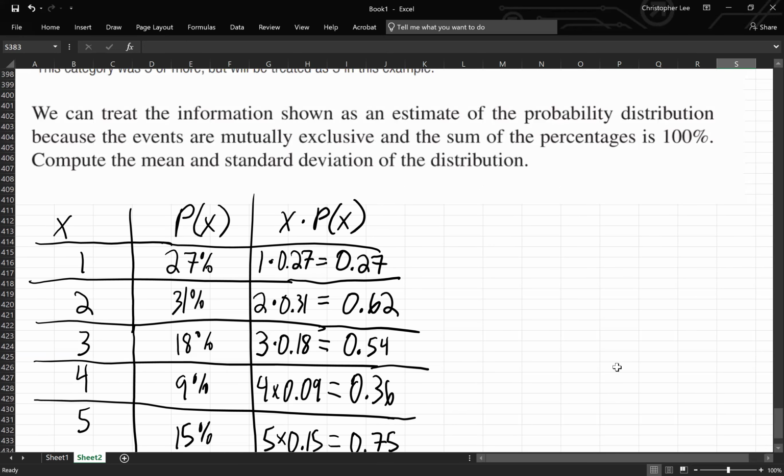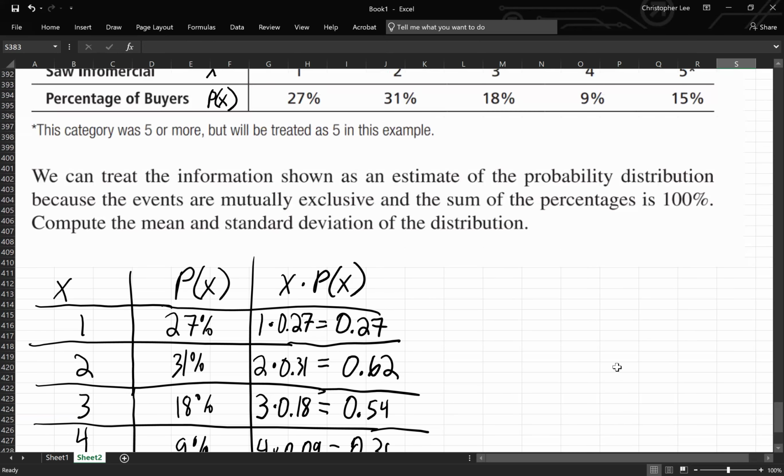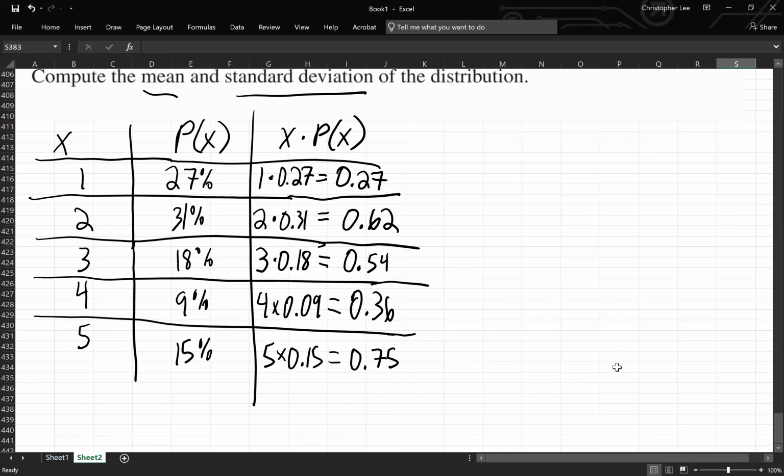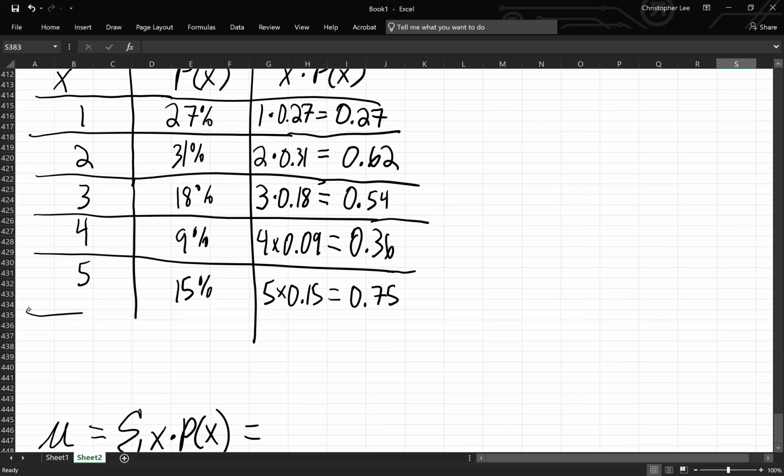So they asked us to find a mean and a standard deviation. To find the mean, I need this special column of x times p of x, and then all I have to do is add it up.